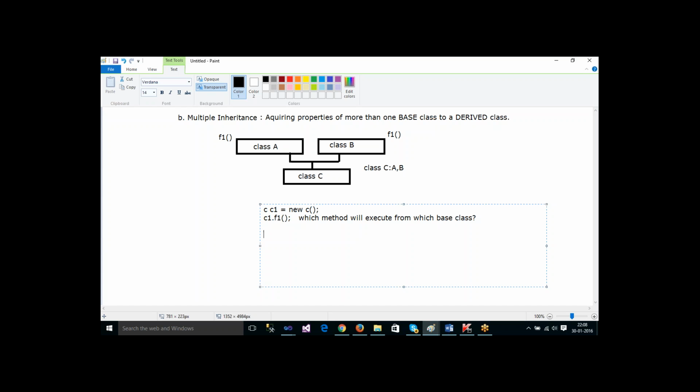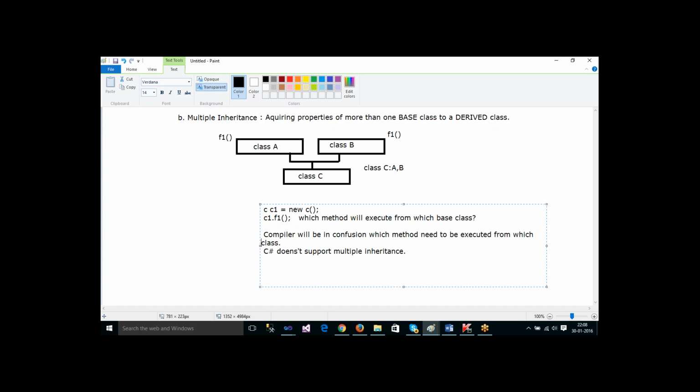But remember, here the compiler will be in confusion about which method needs to be executed from which class. That's why remember, C# doesn't support multiple inheritance.